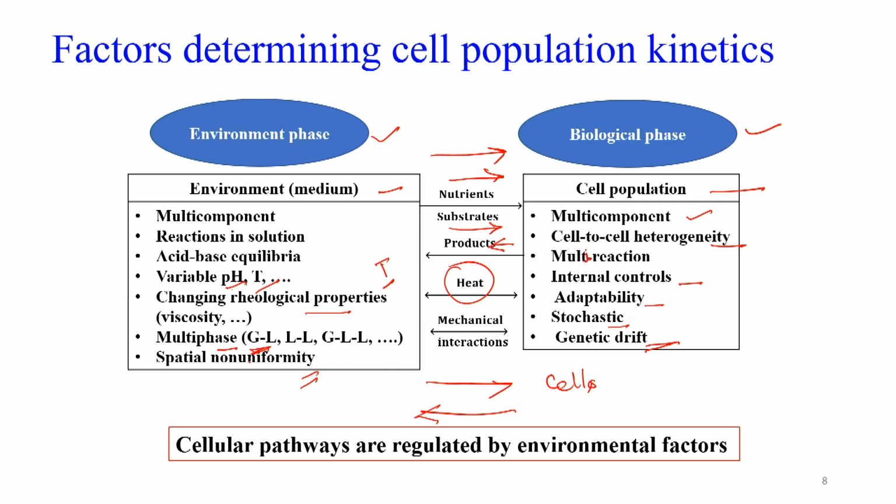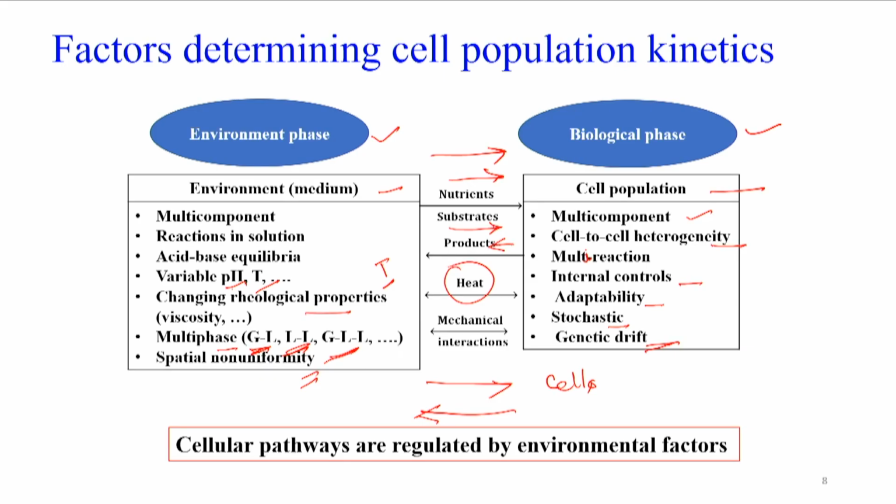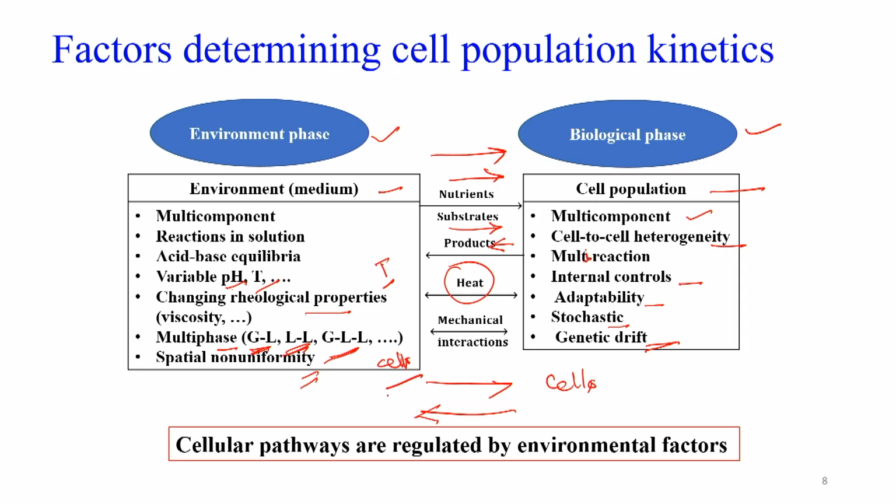If you have two immiscible liquids, that becomes a liquid-liquid system, and if you have two immiscible liquids and gas, then it is gas-liquid-liquid. In addition, we have one more phase, that is the cells. So it is a multi-phase system, and considering the volume of the bioreactor, it is not always possible to ensure uniform mixing. So it is always expected there may be spatial non-uniformity inside the bioreactor.